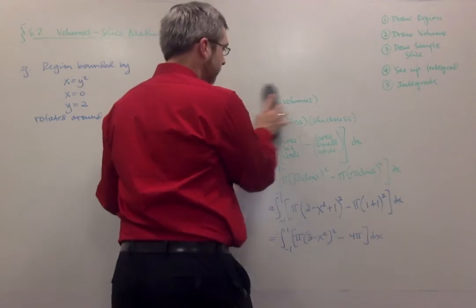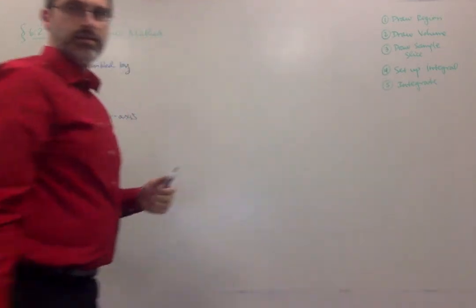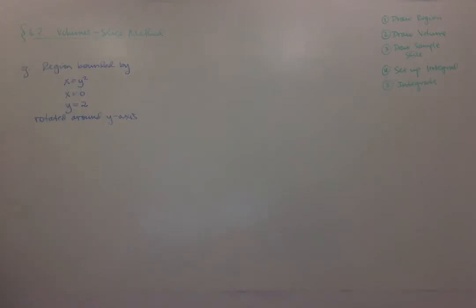Okay, the region bounded by x equals y squared, x equals 0 and y equals 2 rotated around the y-axis.